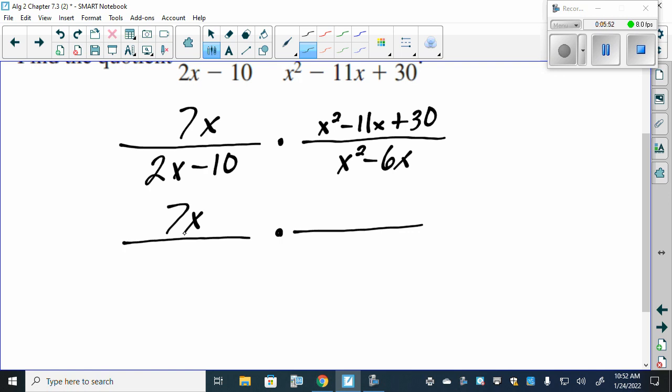What can we do with the 2x minus 10? It has a greatest common factor of 2, yes? We can factor that out, and 2 factored out of 2x would just leave us with x minus 5. So anything where I'm just taking a greatest common factor, or probably a difference of perfect squares, are the ones I would work with first.